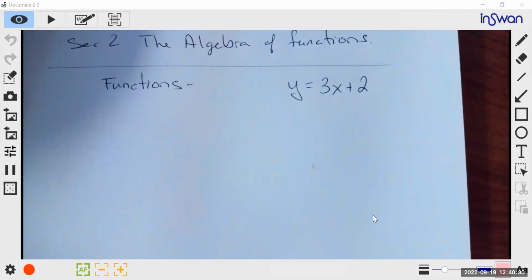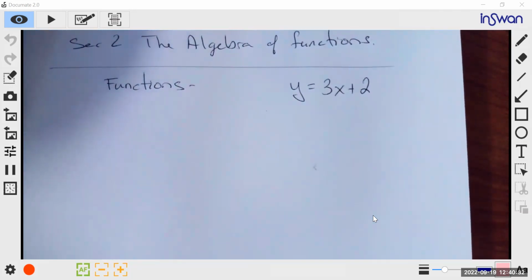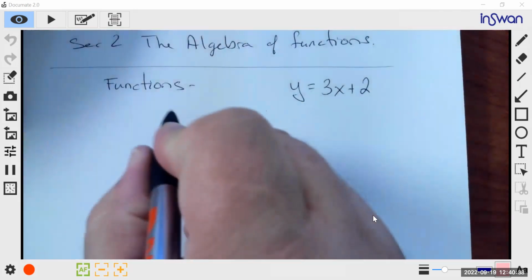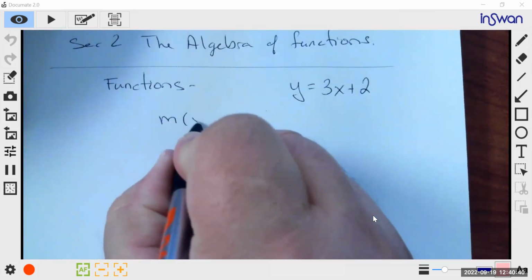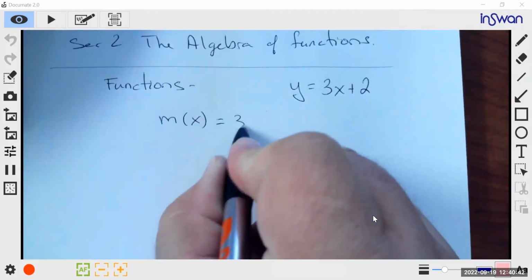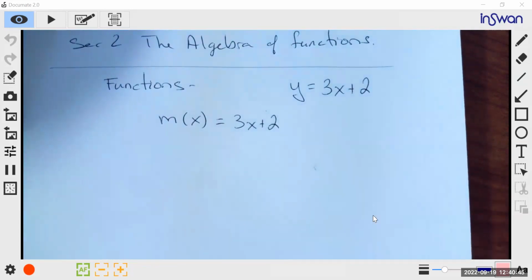Or define it, yeah, define them. You can name it whatever you want to. That's an example.